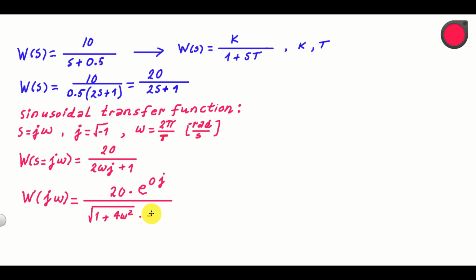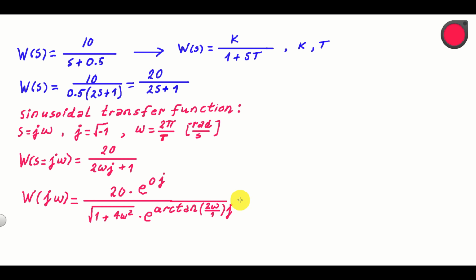And over here we will have e to the power of what? Well, we will need to compute the angle. In our case, the angle is inverse tangent or arctan, imaginary over real. So it's arctan imaginary over real. Imaginary is 2 omega and the real is 1. And don't forget j over here. And that's it.